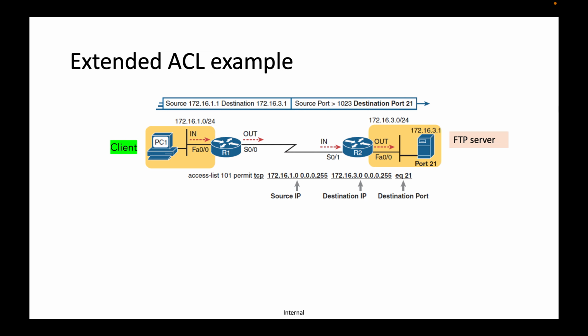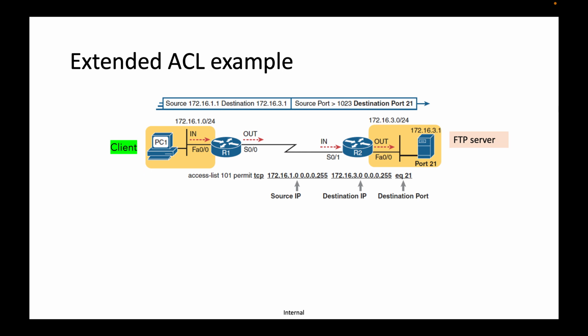Access list permit TCP 172.168.1.0/24, which is the client subnet, and then the destination subnet is 172.168.3.0. So this access list allows TCP connections from source to destination with port number equal to 21.